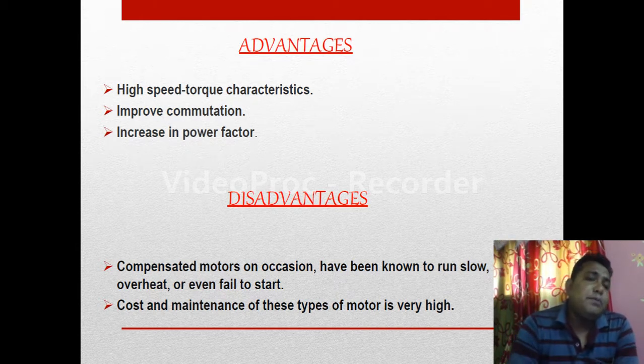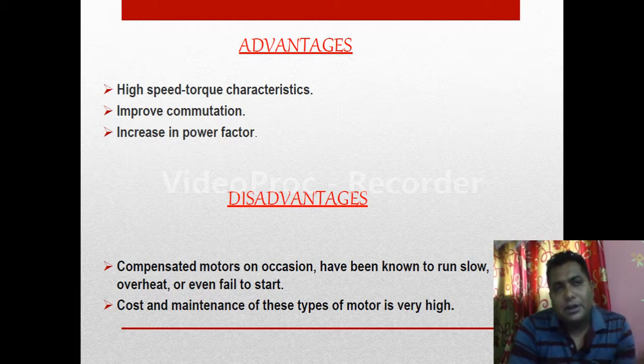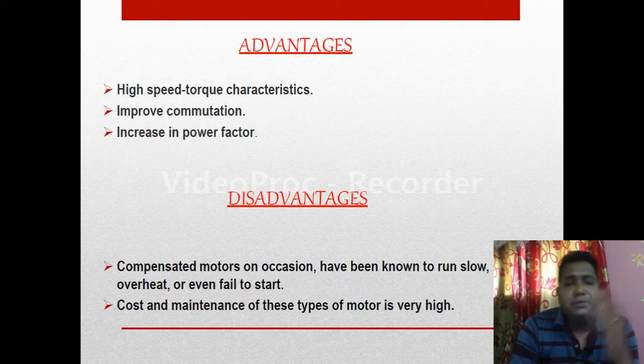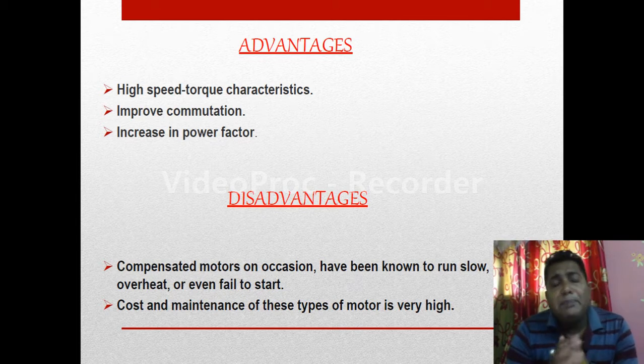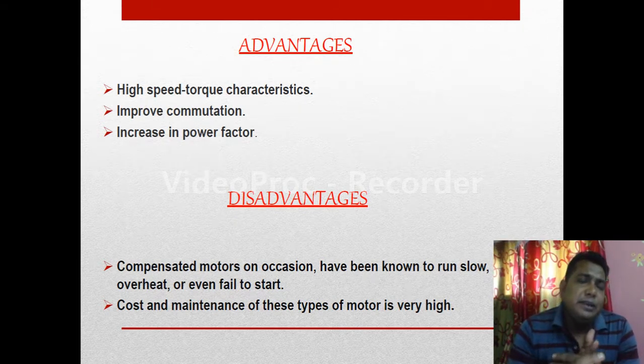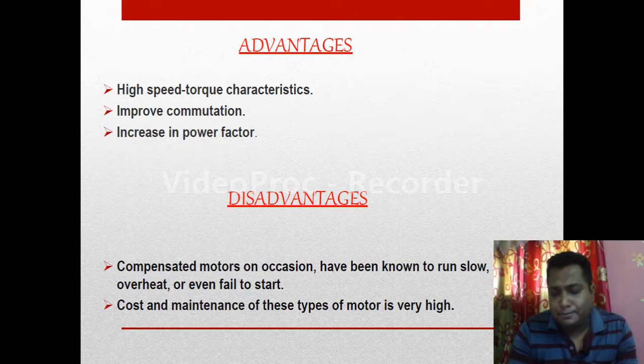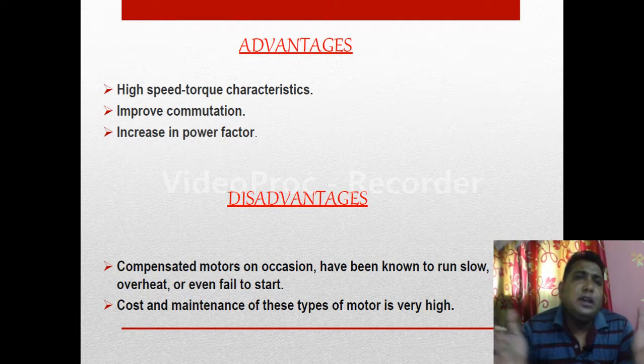So, improved commutation. From the first till now we have been discussing these two points: improved commutation and increase in the power factor. The type and pattern of windings we use in this compensated winding, and the stator slot should be laminated.